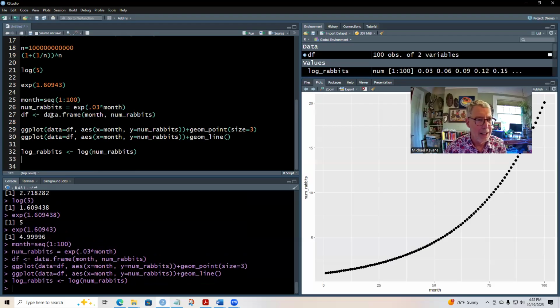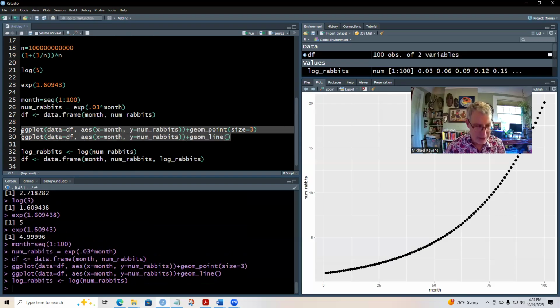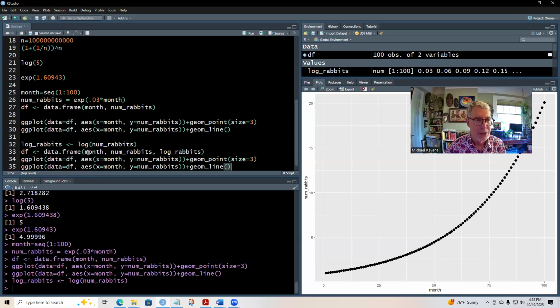Now we can gather a data frame that has both the number of rabbits and the log of rabbits. And then let's see what happens to the log of rabbits over time. So the log of rabbits will now be our y variable.